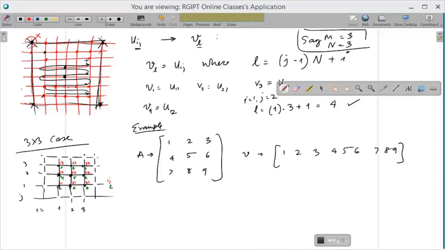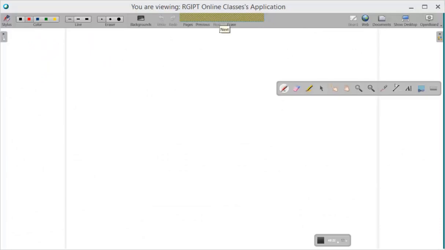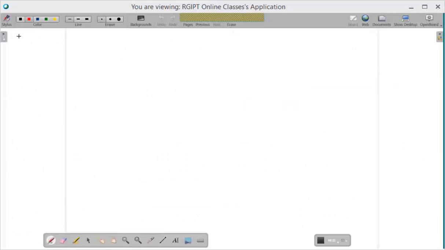These are the 5 points which are interrelated. So this point does not affect any of the points. Similarly, this point does not affect any of the points. So this information is not required for computing the solution inside the region. So that is another thing we need to keep in mind. The corner points do not affect the solutions.